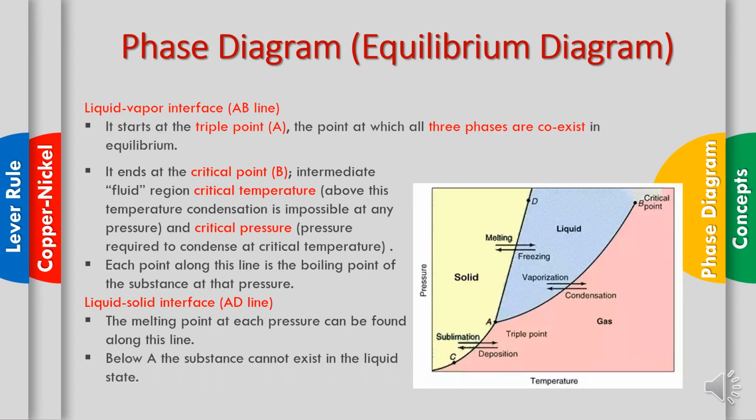And below A, the substance cannot exist in the liquid state, so the phase only exists along the boundary between solid and gas. Okay. In this area, the phase will not turn to liquid.